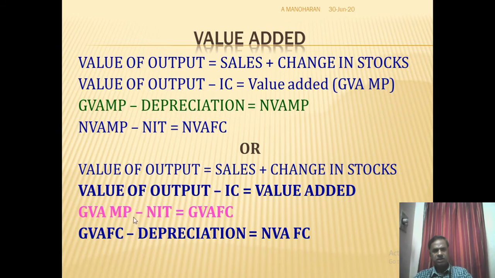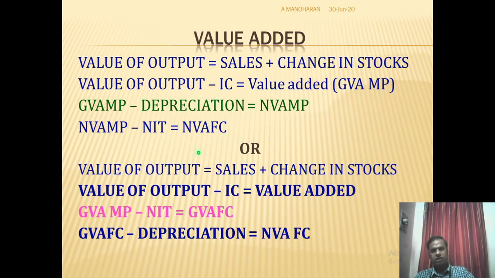Here, GVAMP minus net indirect taxes is GVAFC. Only a small change. Anyway, you can do it. Then GVAFC minus depreciation is equal to NVAFC. Lastly, we have to find out this NVAFC.